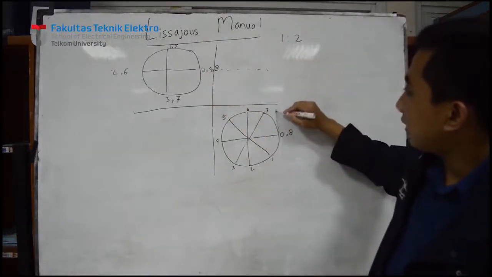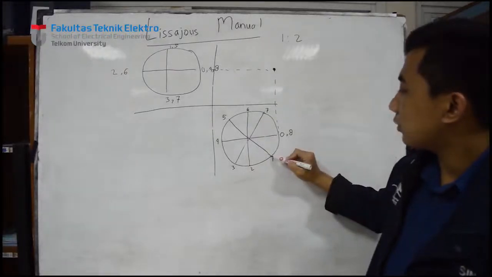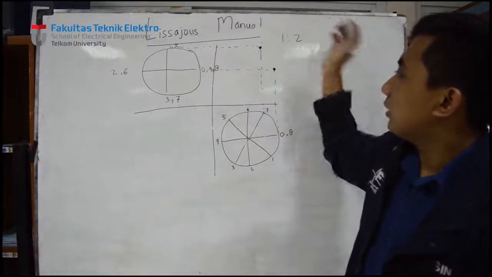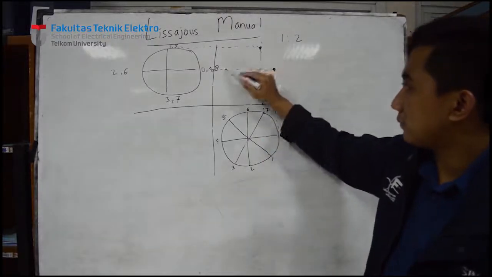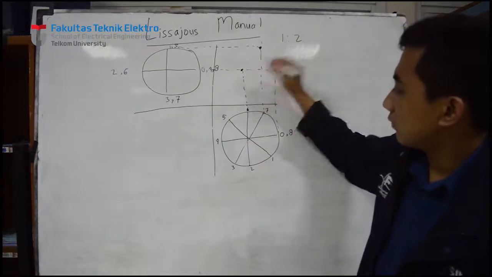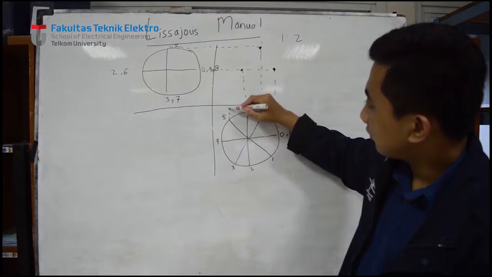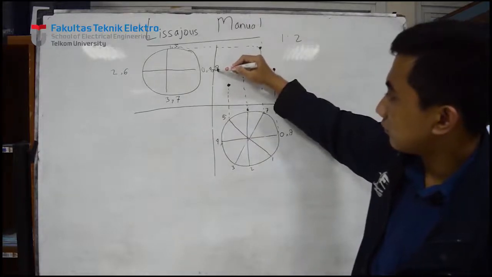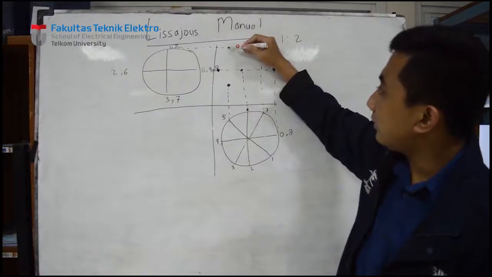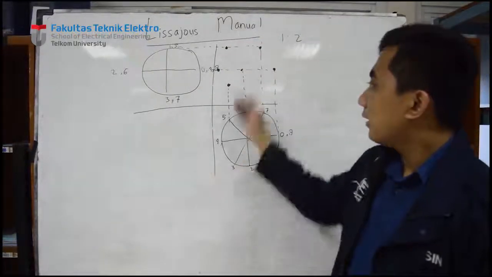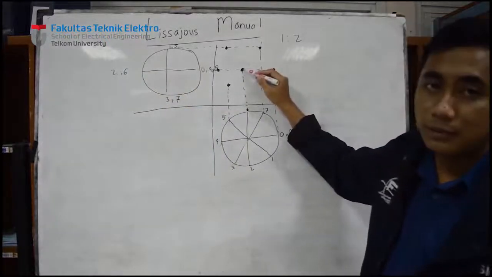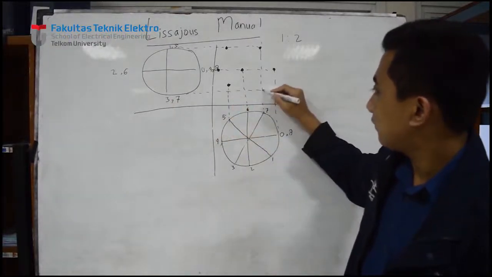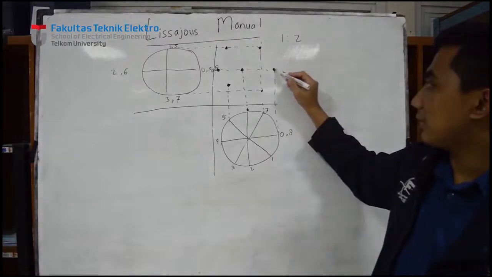Like this. 0 with 0, give the dot. 1 with 1, give the dot. 2 with 2, 3 with 3, 4 with 4, 5 with 5, like this. 6 with 6, same dot. 7 with 7, and the last is 8 with 8.